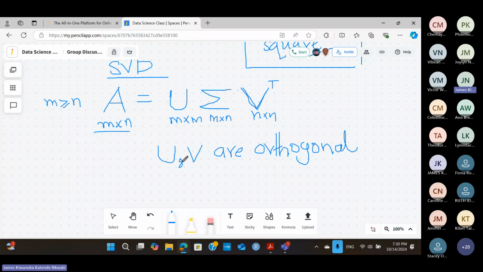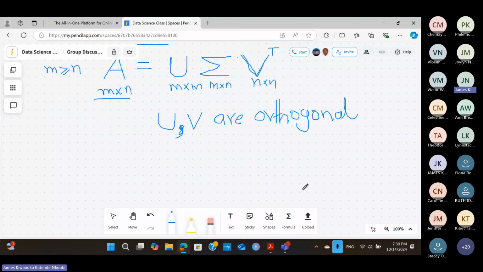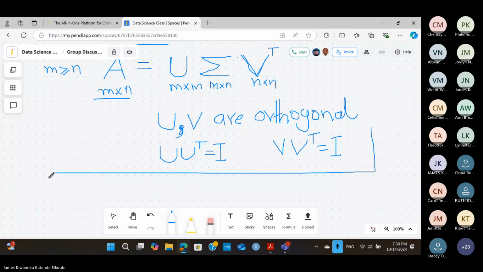So U and V, we claim, are orthogonal. What does orthogonal mean? It means that if you multiply U by its transpose, you will get the identity matrix. The same is true for V, so V and V transpose will give you the identity. These are the conditions for this decomposition.